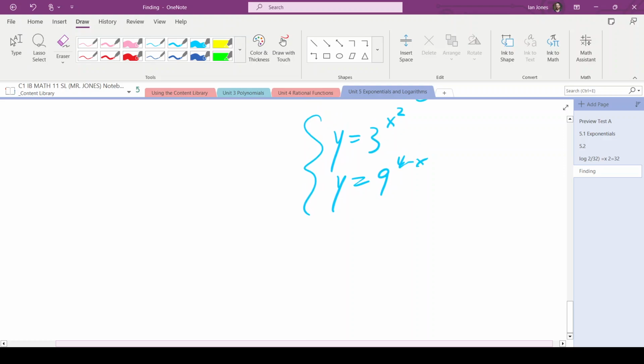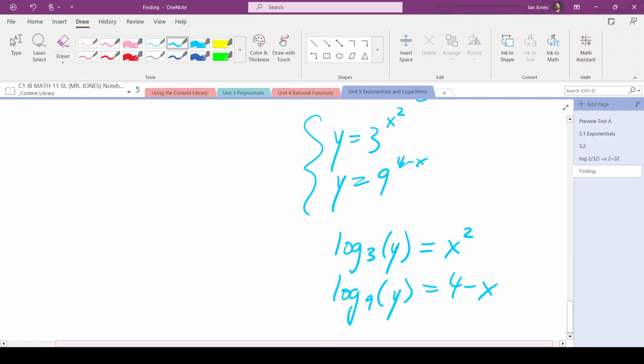I have log base 3 of y equals x squared, because the output of an exponential is the input of the log, and the input of the exponential is the output of the log, and log base 9 of y equals 4 minus x. That's cool, right? So that could be a question right there.